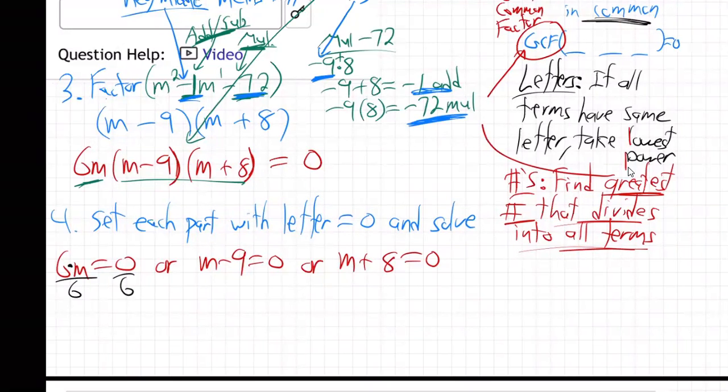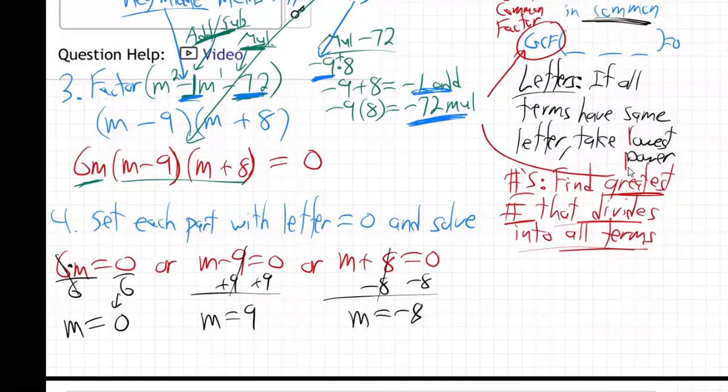When that 6 is right next to the m, it's multiplied. So you get rid of that 6 by dividing. So what is 0 divided by 6? It's just 0, isn't it? This one you're going to add 9 to both sides. This one you're going to subtract 8.